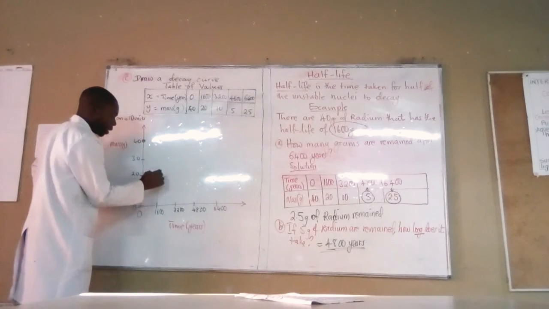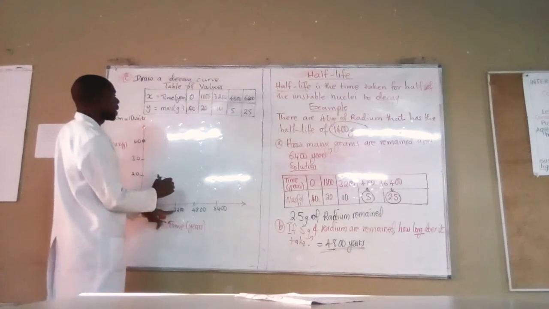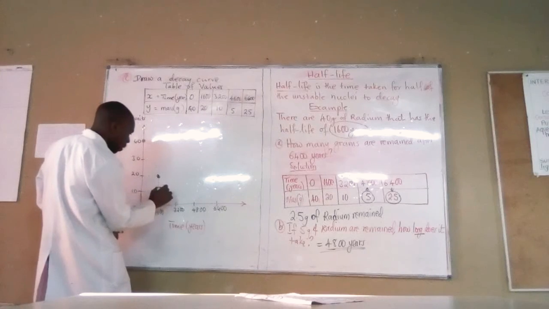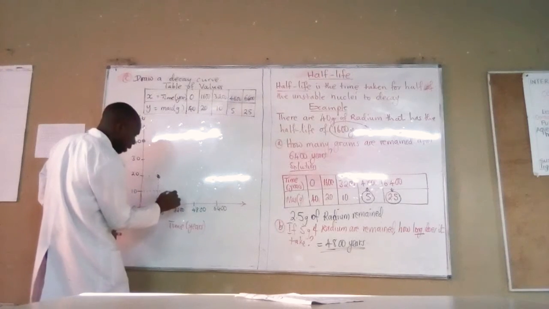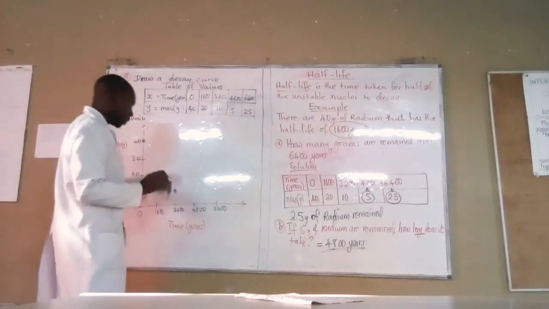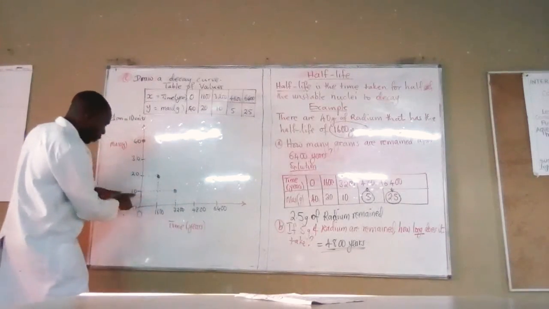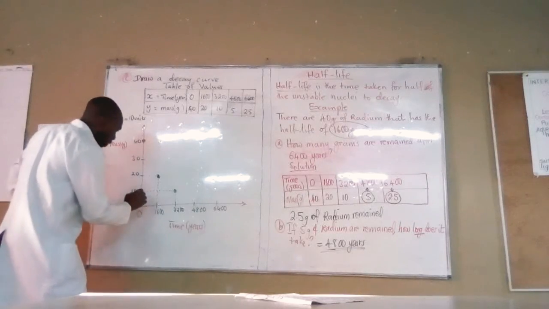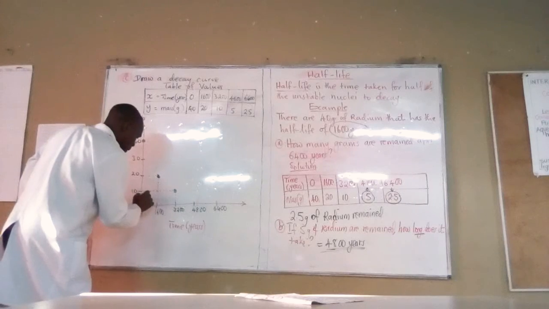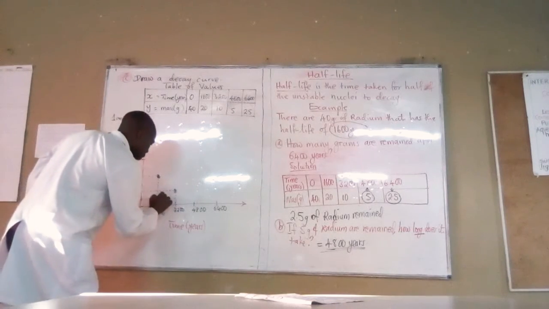Then the other point is 32 against 10, so it is going to go like this, and then the points go down like that. Then 48 against 5, half of 10, that gives us 5. So we go in this direction.